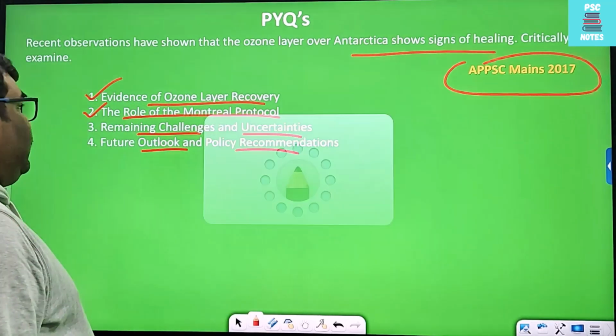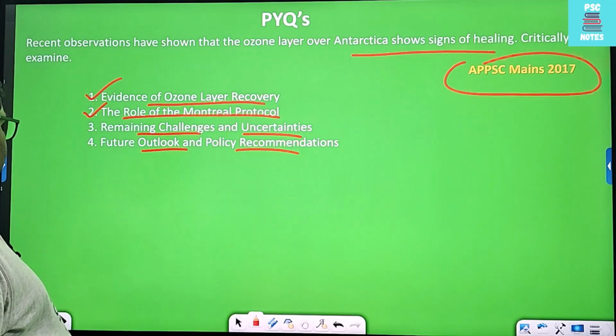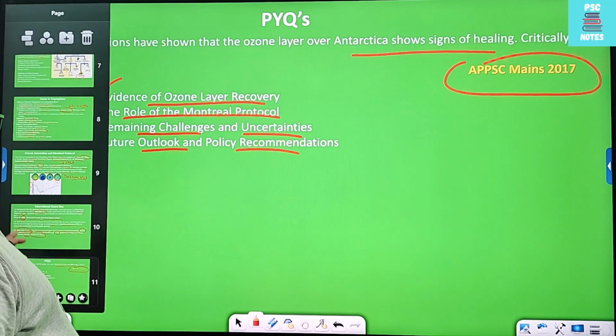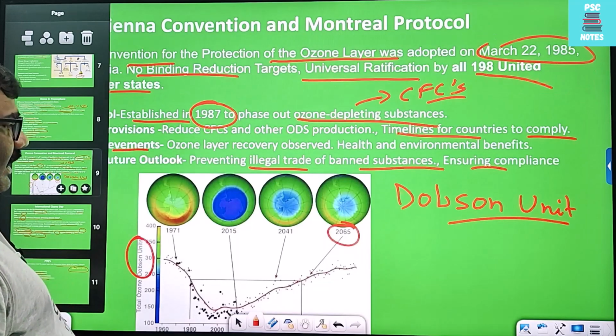See, in this question, it is good if you give this diagram.